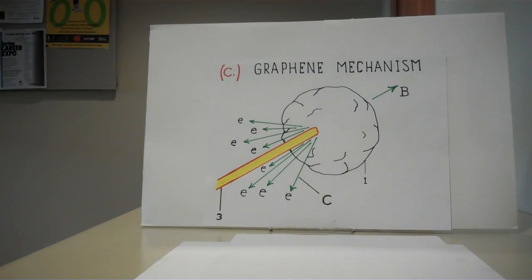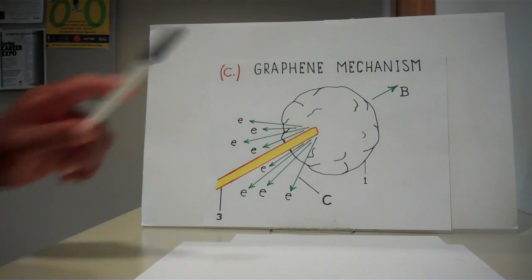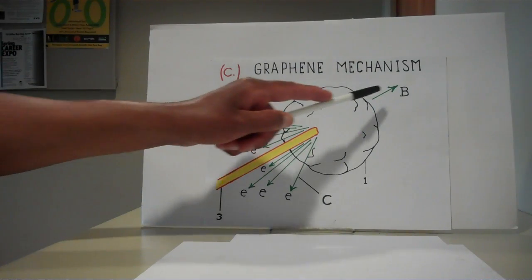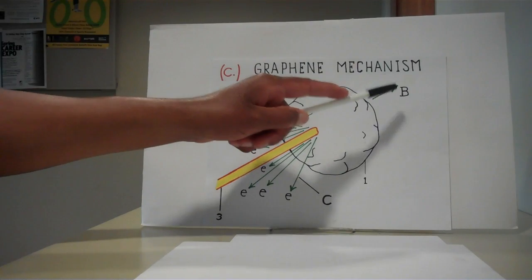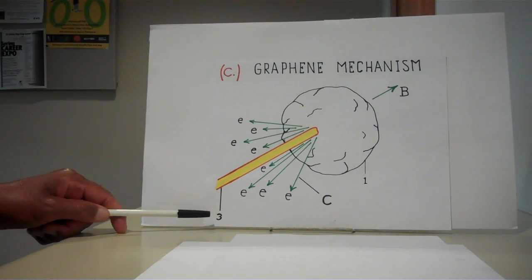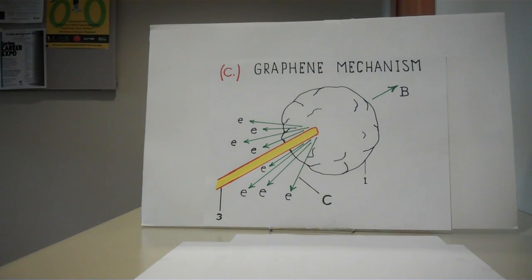Now, number 1 itself, the graphene sponge sphere, moves in direction B as a whole, which is the same direction as number 3, the laser light beam. Now, number 3, the laser light beam, does not ablate, A-B-L-A-T-E. It does not ablate or burn away, melt or vaporize away the number 1.